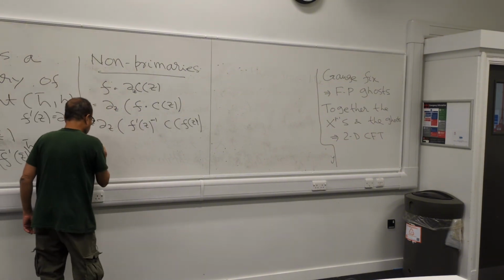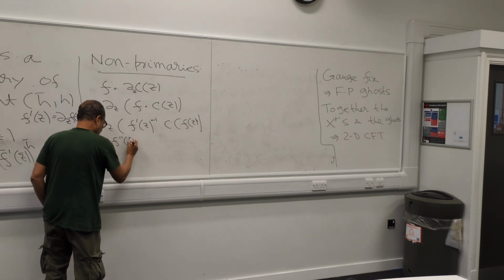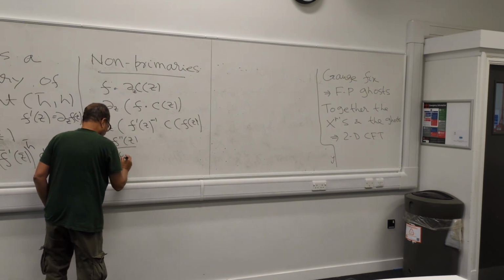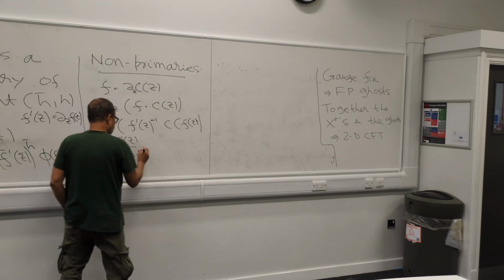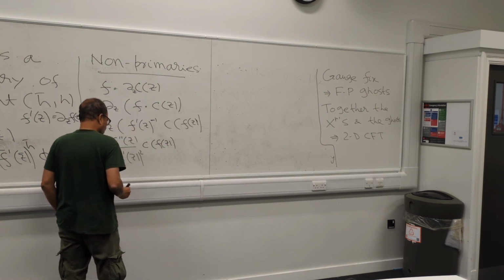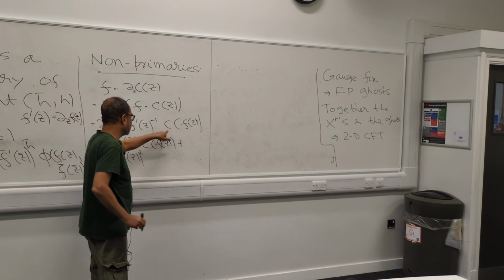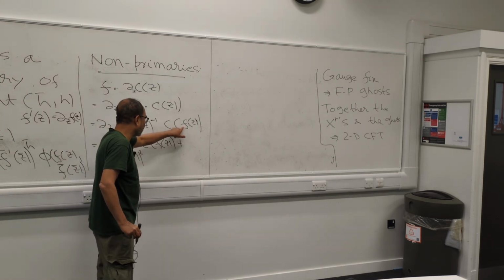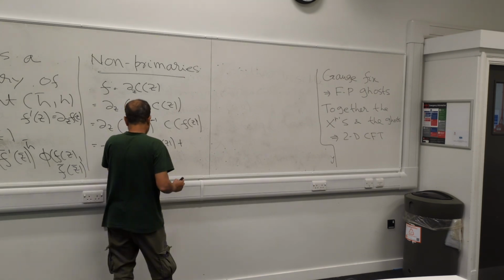So this has two terms. One is minus f double prime of z by f prime of z square c of f of z, plus another term where the derivative acts on c, which brings out a factor of f prime of z, and that cancels this.